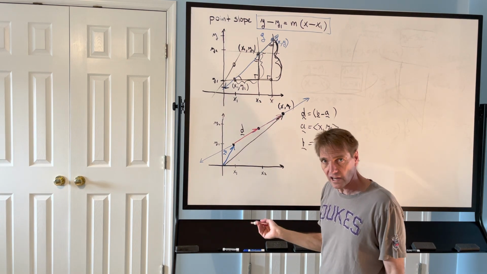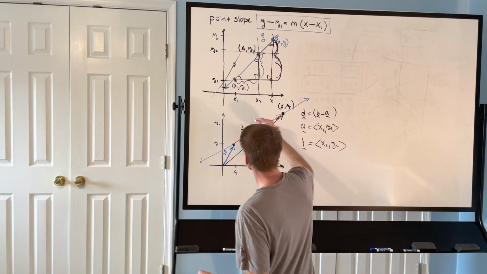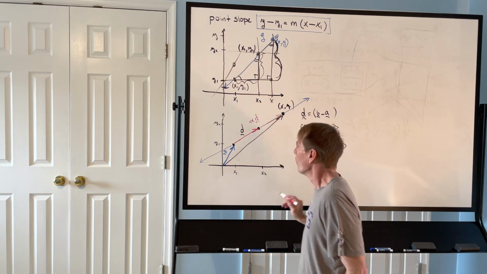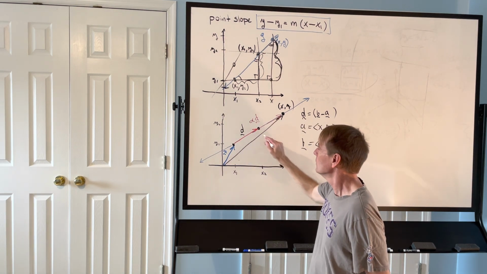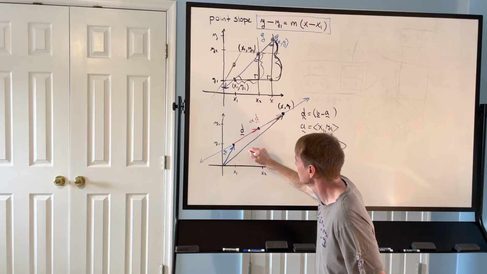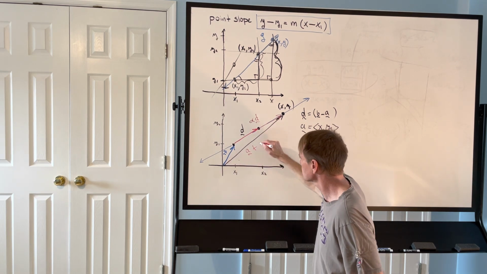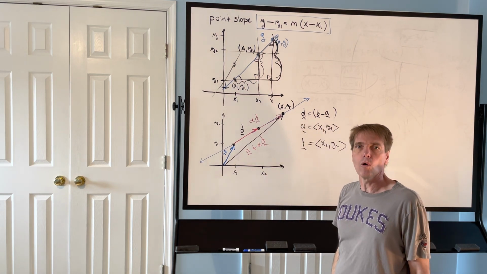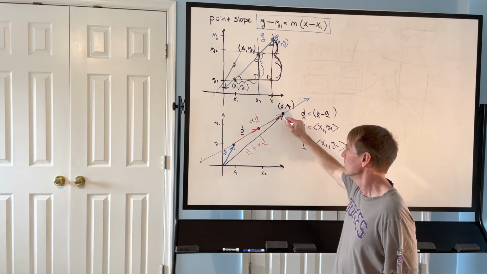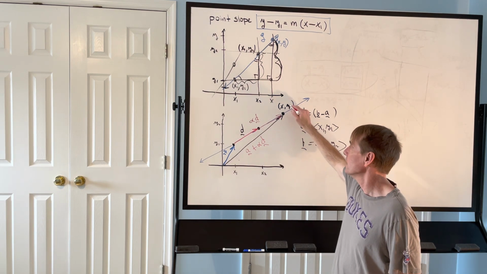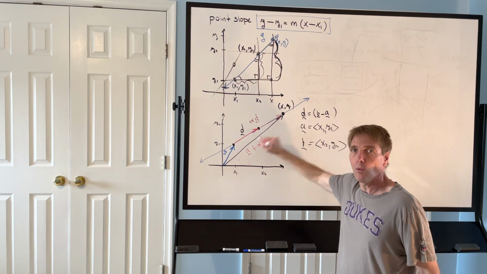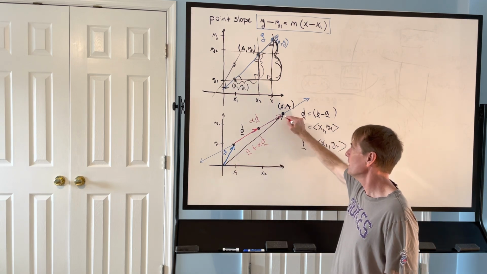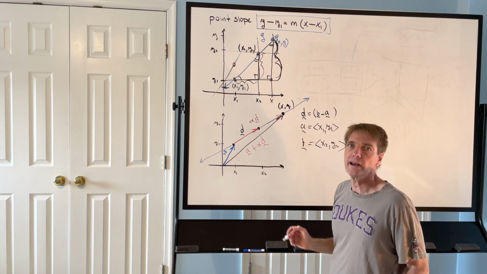Could I scale D by some scalar? Okay, and for lack of anything else, I'll use alpha. Would there exist a scalar where if I did A plus alpha D, that I would stretch out to the point XY, or this position vector would point to the point XY.